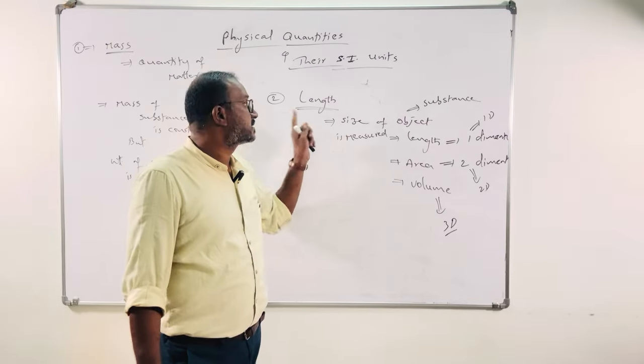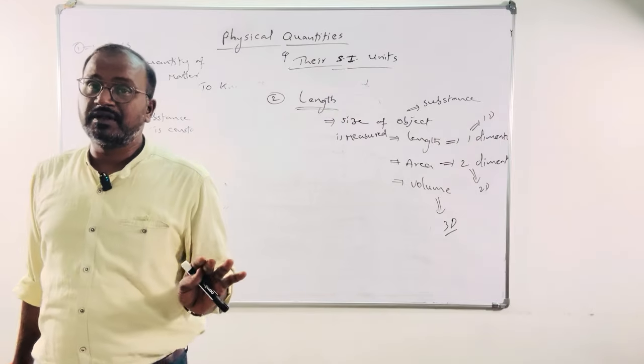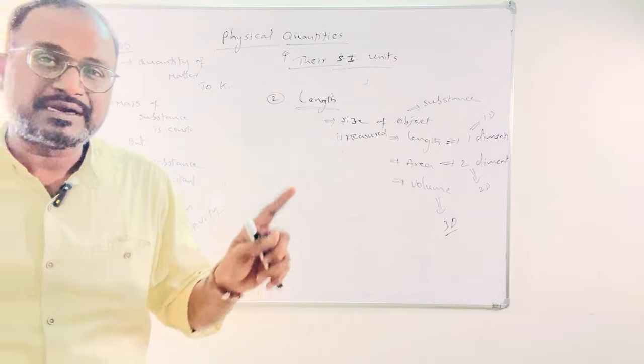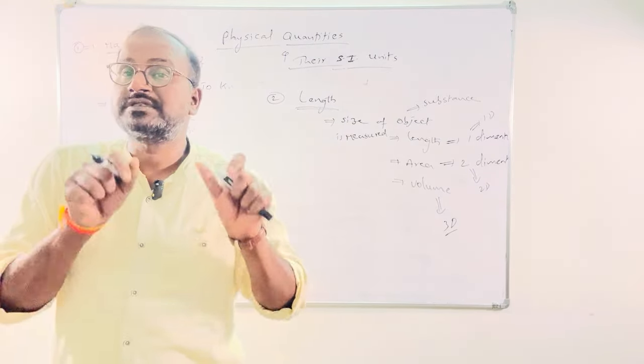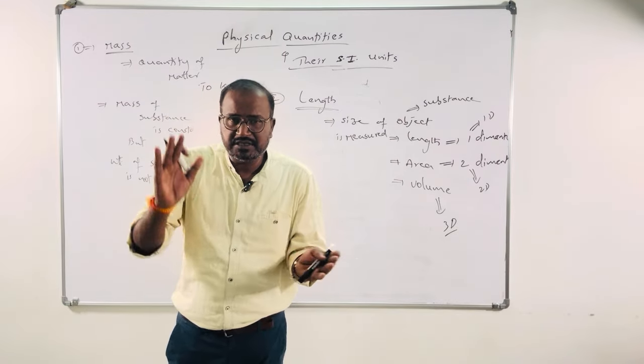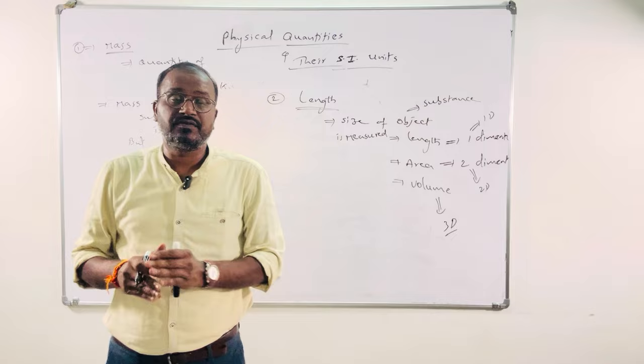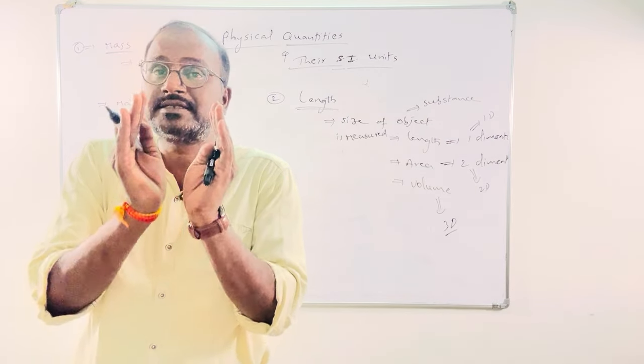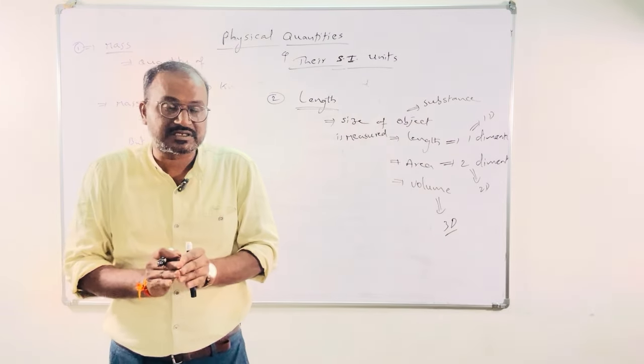So this is length. The second fundamental quantity is length, that is size of the substance in one dimension. In two dimensions, x-axis, y-axis, if you take, that is called area, the size of the object in two dimensions.